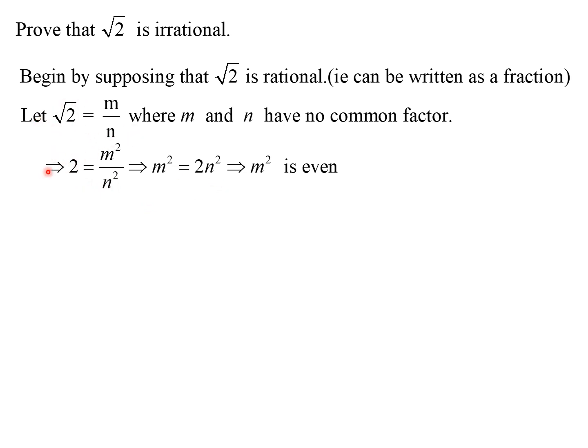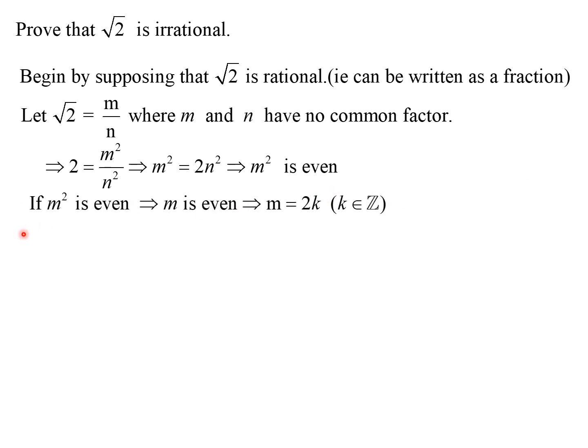So obviously m square is an even number, simply because m square is a multiple of 2n square. 2 times any value will give you an even number.